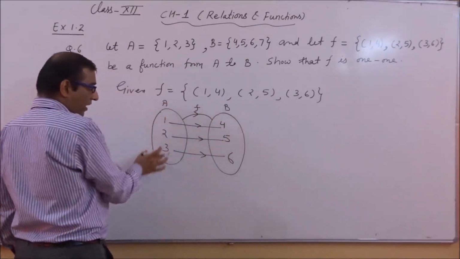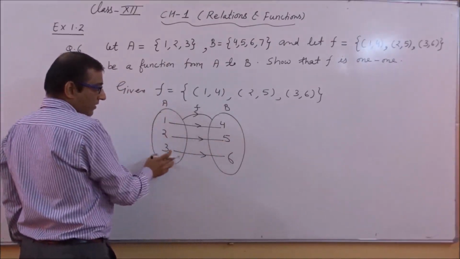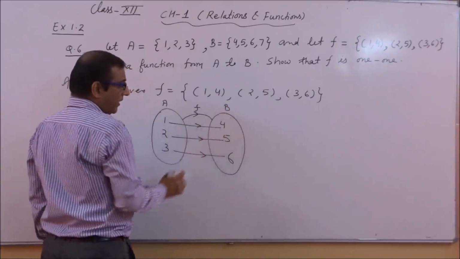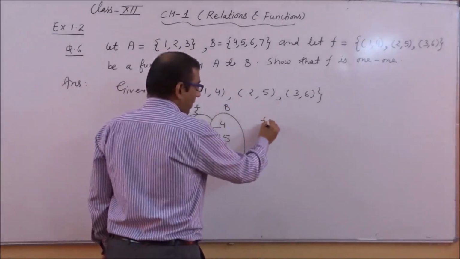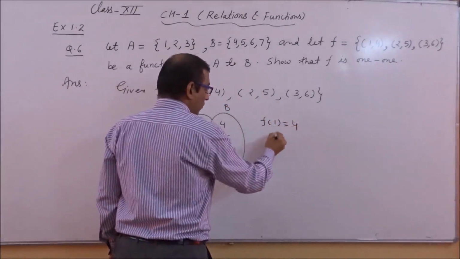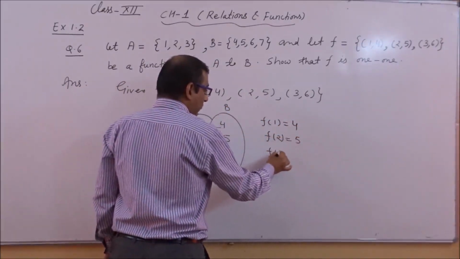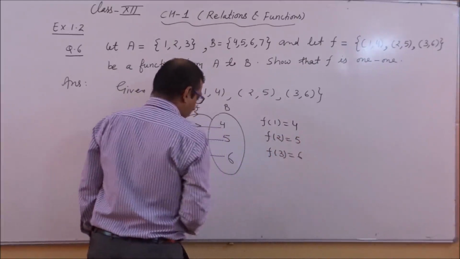It means every element of set A is related with a distinct element of set B. So we can say f(1) equals 4, f(2) equals 5 and f(3) equals 6.